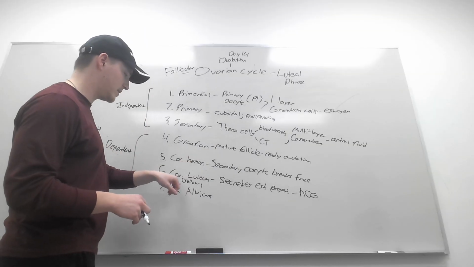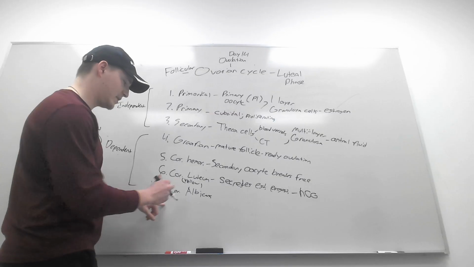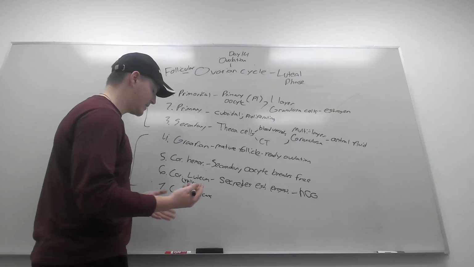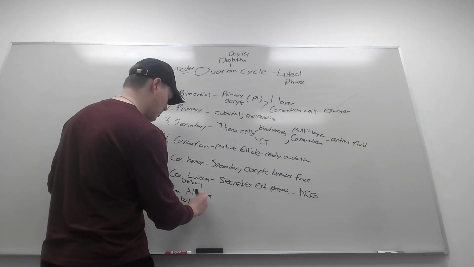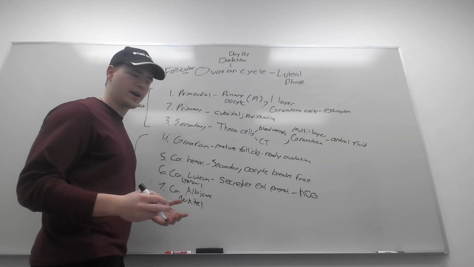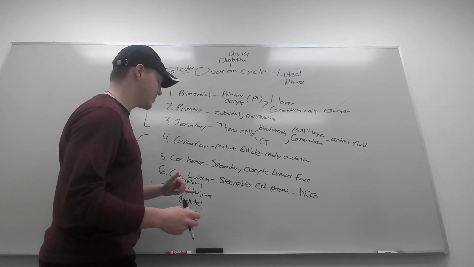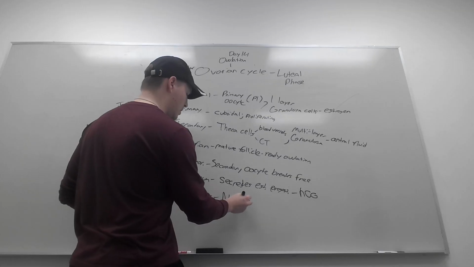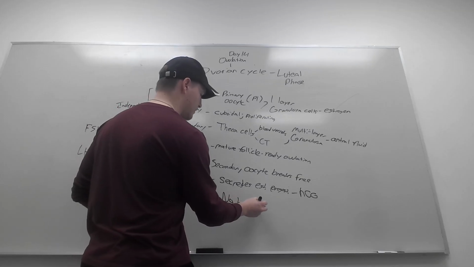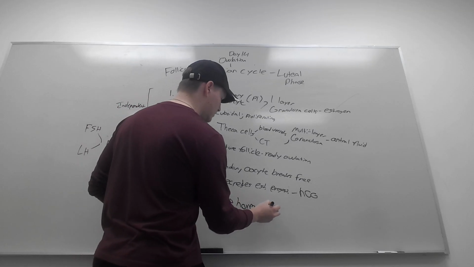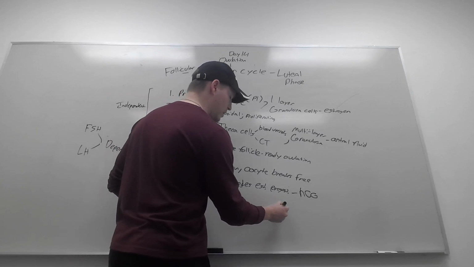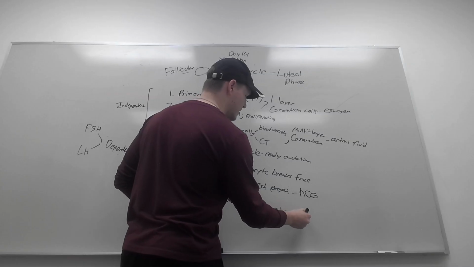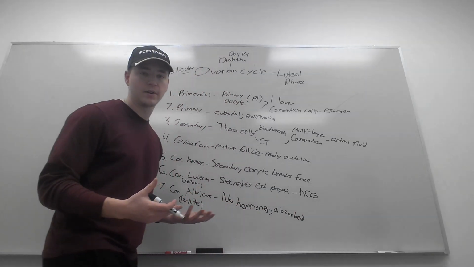The corpus luteum becomes corpus albicans, which is more white. Albicans is the root of white, if you will. This corpus albicans then stops secreting hormones, so no hormones, and is eventually absorbed. That does leave a scar, so there is some evidence of its existence, but not really.